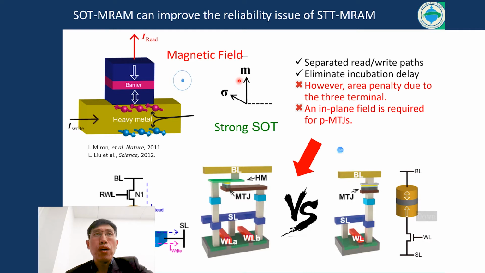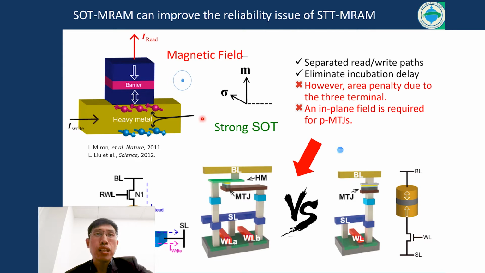A number of methods and new physics have been proposed to replace STT-MRAM. One of them is spin orbit MRAM. In this case, we use the spin orbit mechanism to switch the device. The major difference here is it's a 3-terminal device.